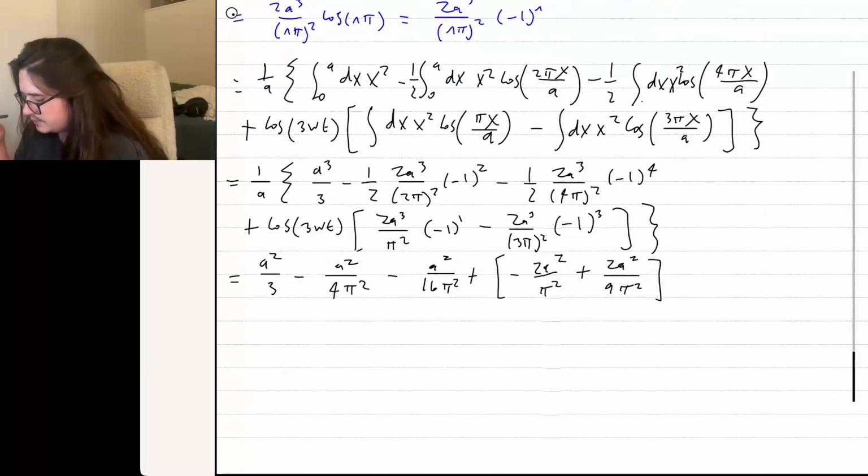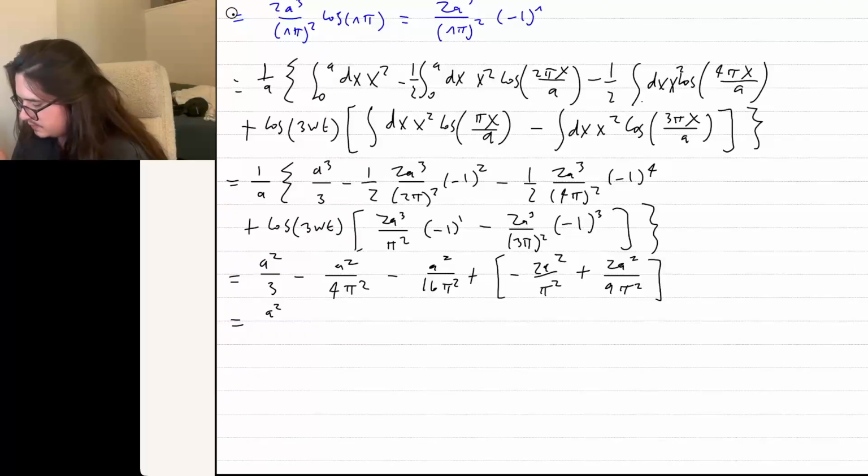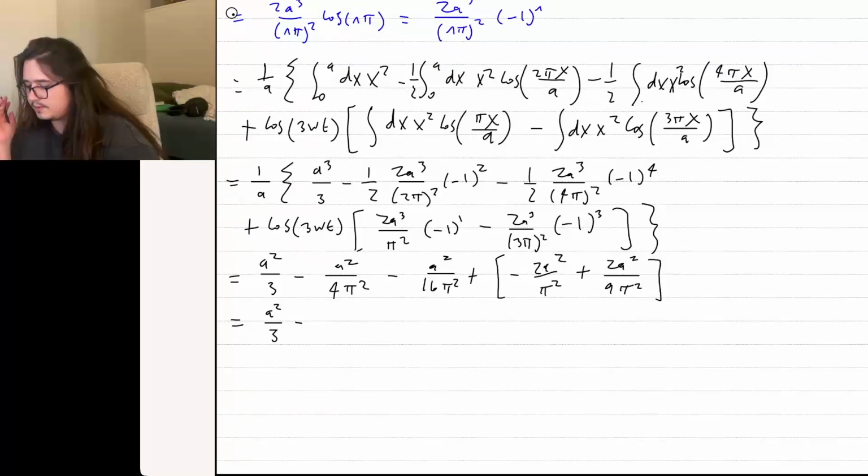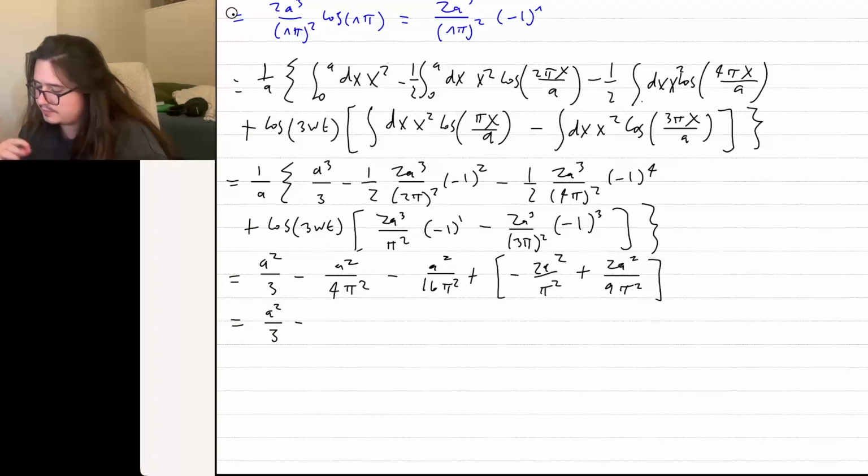Okay, so just combining terms now. Let's just do it like this. 4 pi squared plus 16 pi squared is 5 times 15.